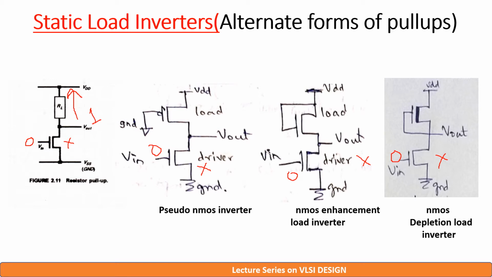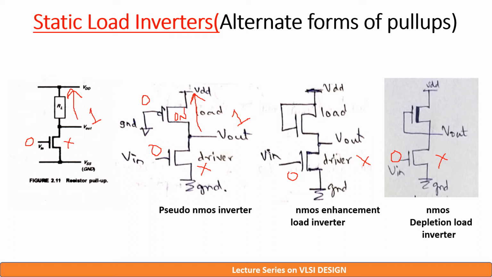In pseudo NMOS inverter, pull down is off already. Pull up is a PMOS whose gate is permanently grounded. It means gate input is 0. Hence this PMOS will be in on state. Therefore output will be shorted to VDD and output will be logic 1.